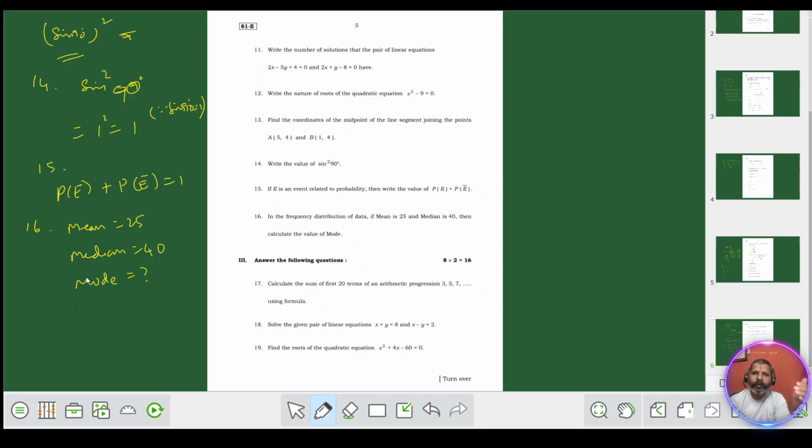You substitute the values, get the answer. 3 median is equal to mode plus 2 mean. Substitute it. 3 of median, which is 40, mode we want, plus 2 of 25. Therefore, mode is 3 times 40, which is 120, minus, when you transpose 2 times 25, which is 50, to the left side, it will become minus 50. So 120 minus 50 is what? 70.